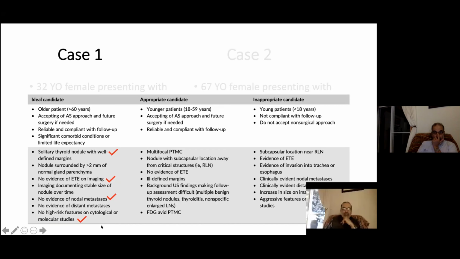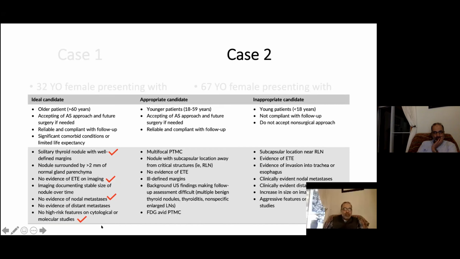Now, typically we like to follow these patients through active surveillance if they're older. But if you actually look at this area in the middle column, if you are 18 to 59, where this patient is, and has all the good features, then this patient would be fine for active surveillance, and you could just continue to monitor this patient without offering them surgery.